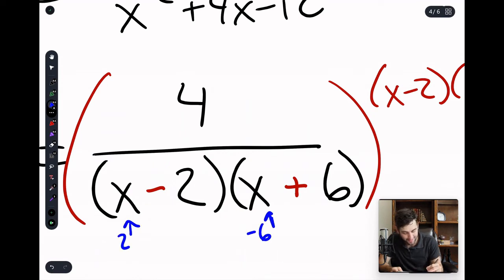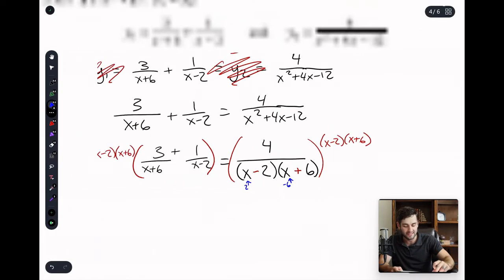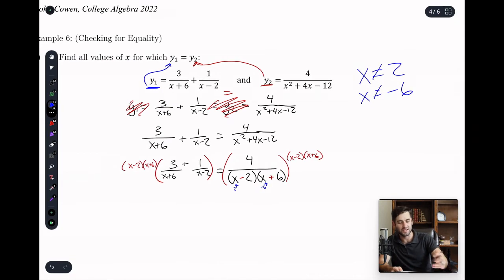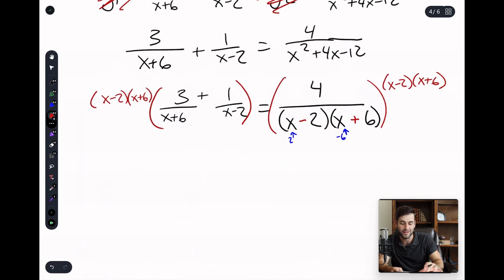And that x better not be negative 6. If x is 2, we got a 0 on the bottom, and we can't do any more work because that problem's crazy. And if x is negative 6, then we can't do any more work. So I'm going to make a little note: x cannot equal 2, and x cannot equal negative 6. Cool? Just a little note. I like to put it as a note up at the top. All right, well, let's keep working then. Sorry, a little side note. I should have done that at the beginning.